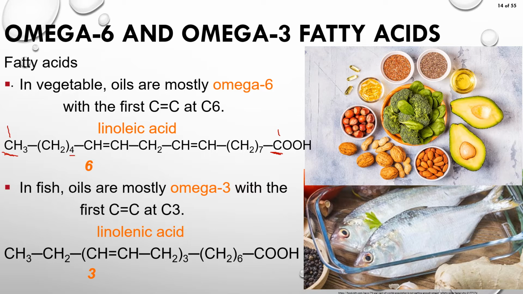So we have the first double bond on carbon 6. Whereas an omega-3 fatty acid is a fatty acid with multiple bonds, where the first double bond is between the third and fourth carbon atoms from the end of the carbon chain. So we have 1, 2, 3. The double bond is between carbons 3 and 4.